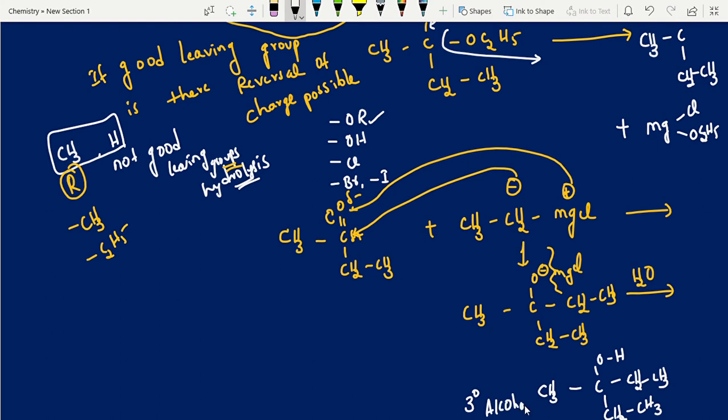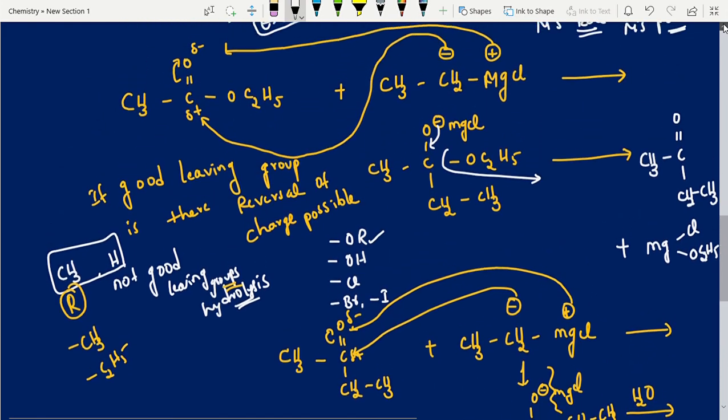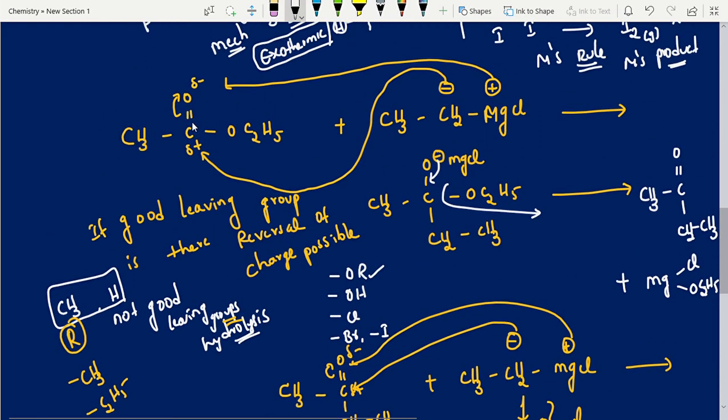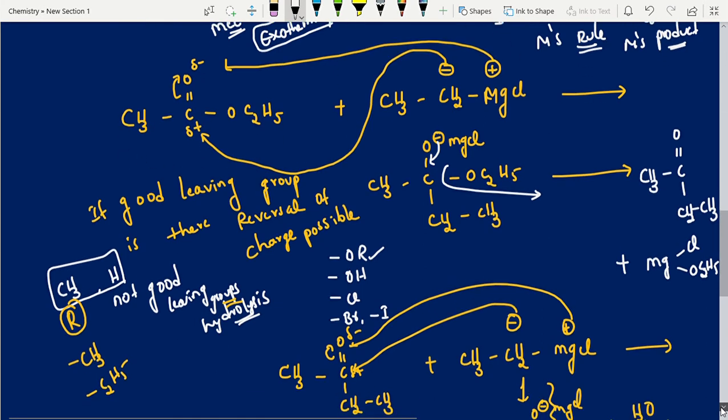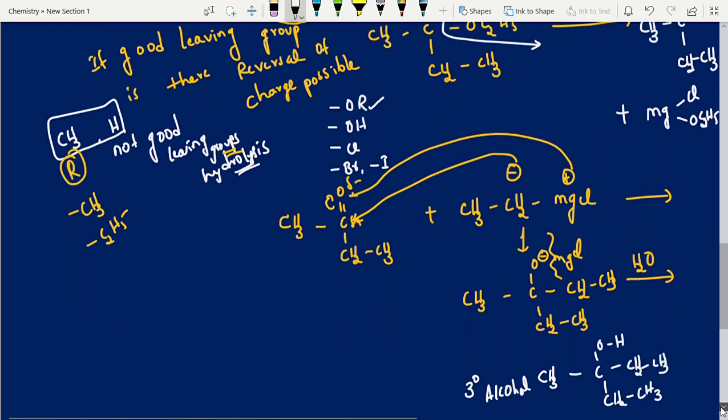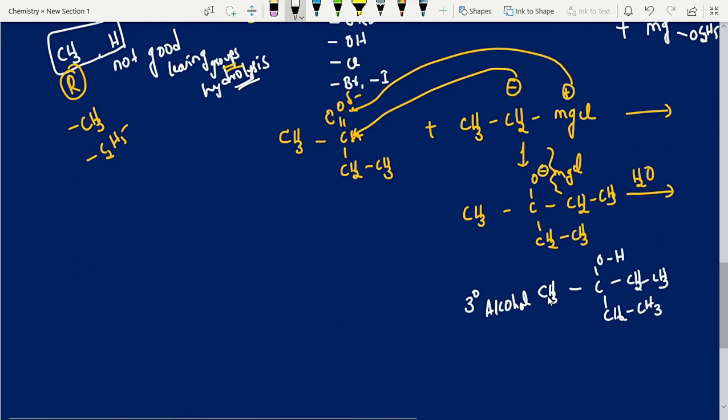So first, in the first step, how many carbons have you taken? Check it. 1, 2. This is 3, 4. And your total carbons also you have to check. So finally, this is your answer. 3-degree alcohol. It is not a 2-degree alcohol. You will get a 3-degree alcohol.